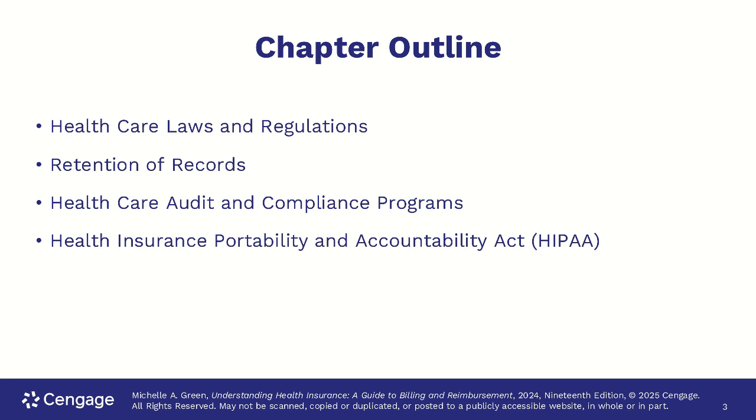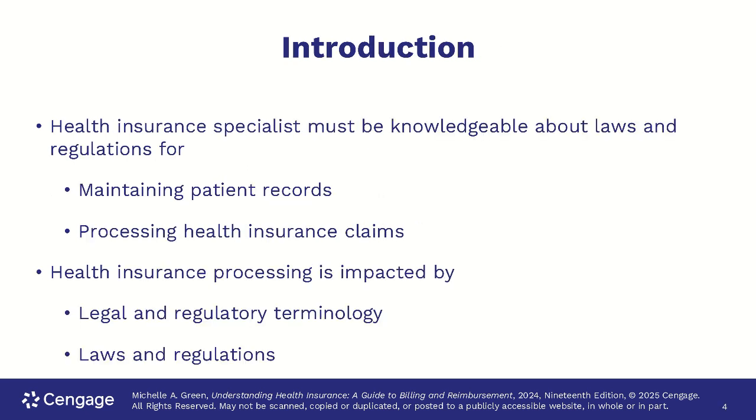All right. So the chapter itself really has 4 parts, which are tied to those objectives, right? So the laws, regulations, retention, compliance, and then HIPAA. So let's dig in. It is important that you understand the different laws and regulations, because from the government's perspective, it's about what you should have known. So you can't say, I did not know.